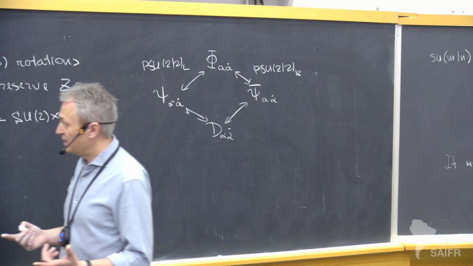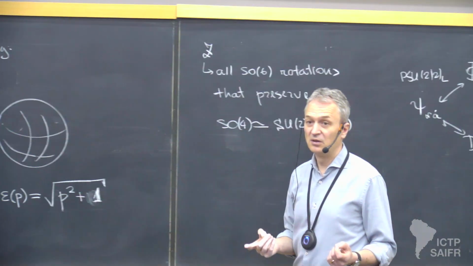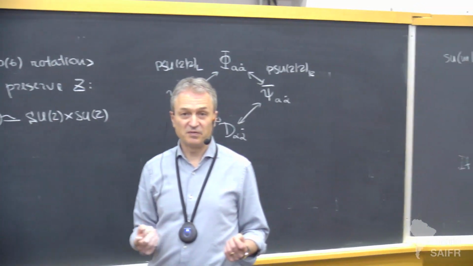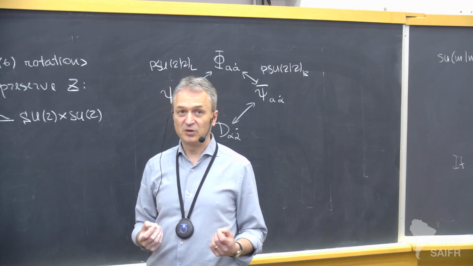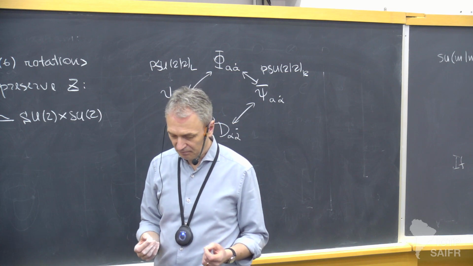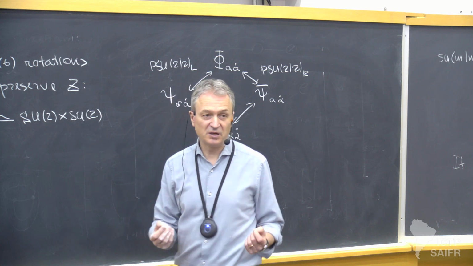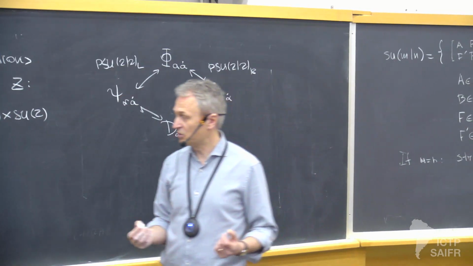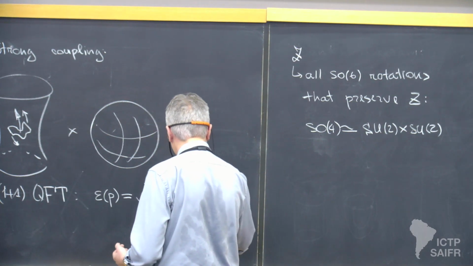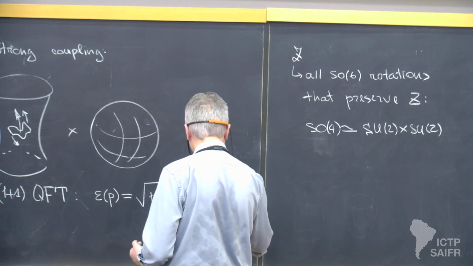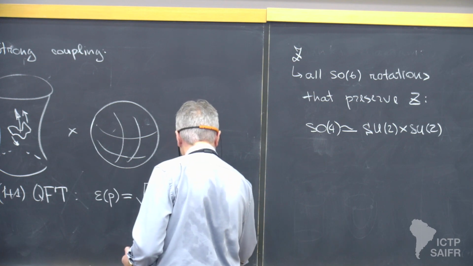So in AdS, we need to take into account curvature. Both AdS5 and S5 are curved. And curvature turns out to contribute to the energy of elementary excitations in such a way that it produces a mass for these particles. So this comes from curvature of AdS5 cross S5.